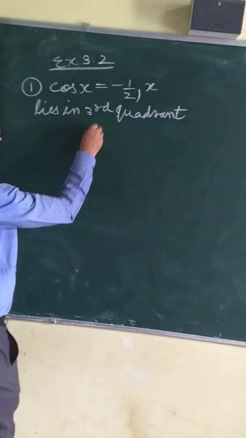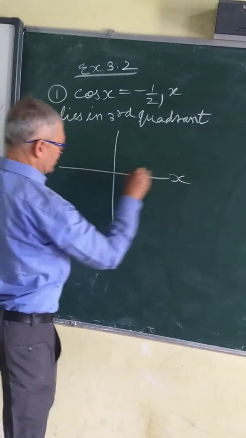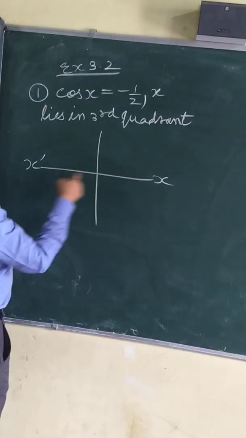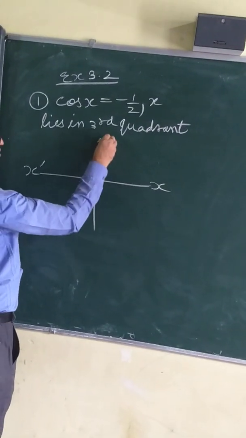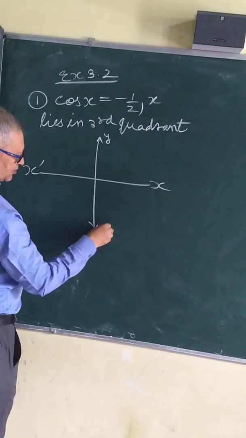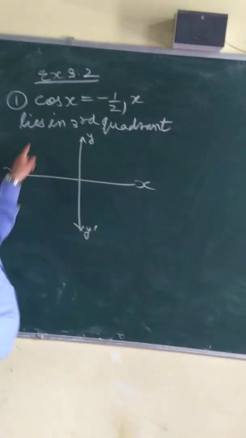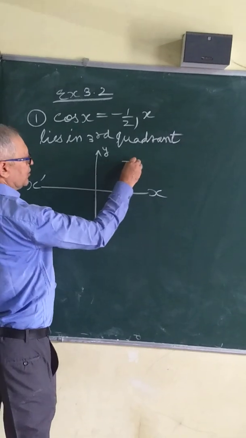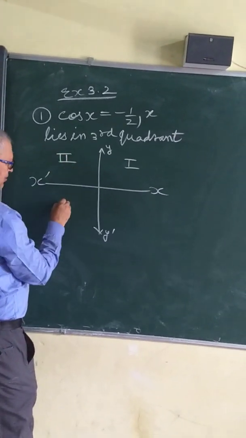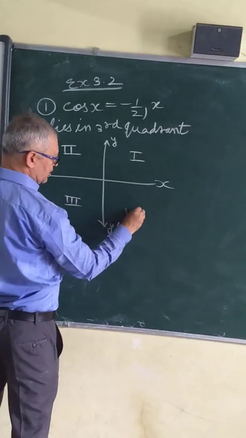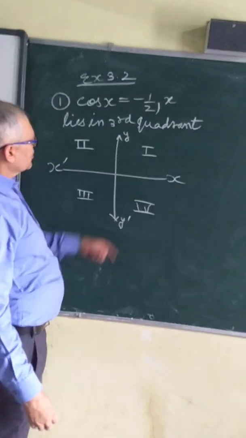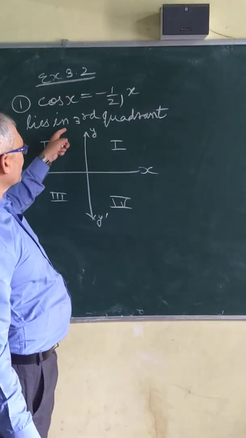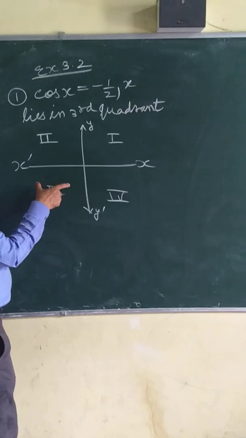It is like this. This is positive x-axis, this is negative x-axis, this is positive y-axis, this is negative y-axis. Then this plane is divided into 4 quadrants: first, second, third and fourth. So cos x is equal to minus half and x lies in third quadrant, means in this quadrant.